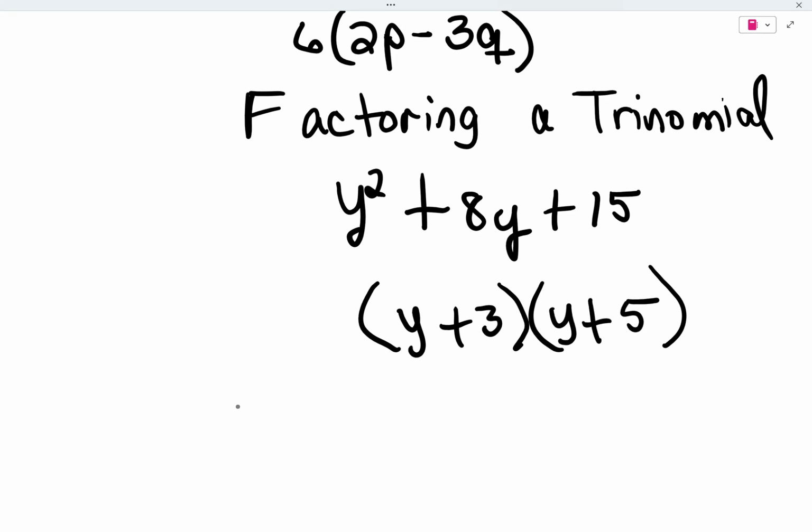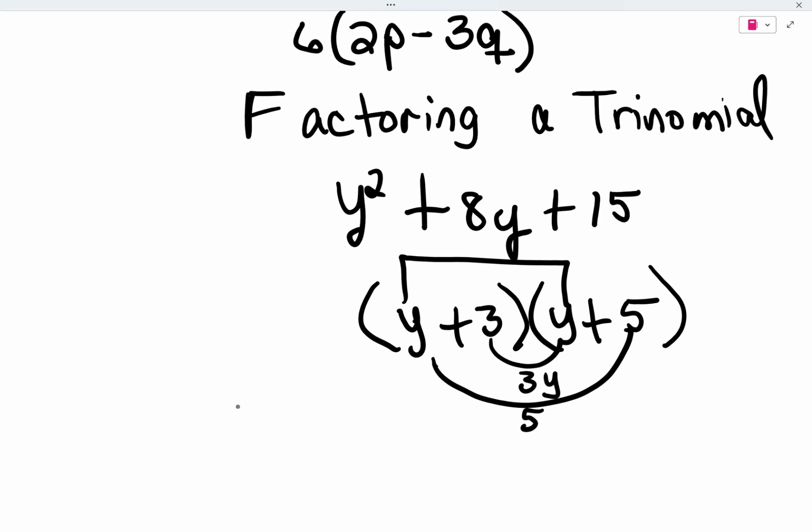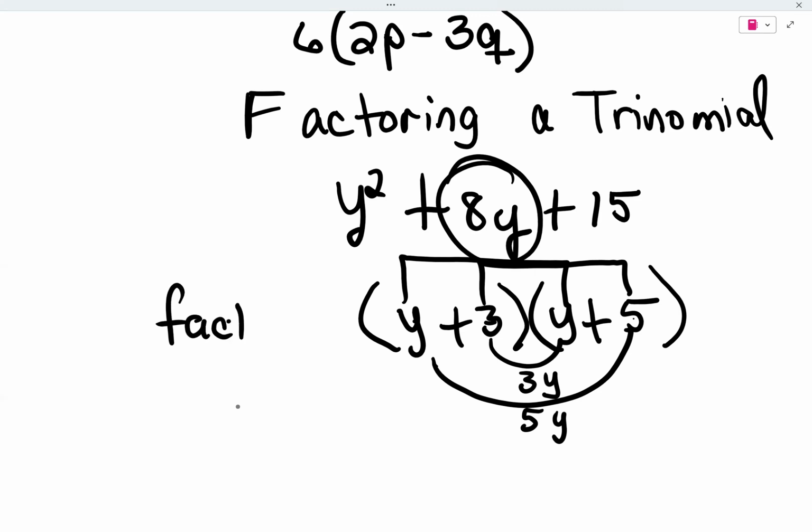And if you remember, y squared is the result of y times y, and the inner term product and outer term product are how we get 3y and 5y, a total of 8y. The last term, 3 times 5, is how we get the 15. So remember, as we learn the terms, these are factors.